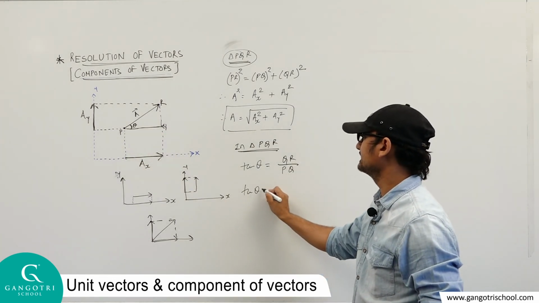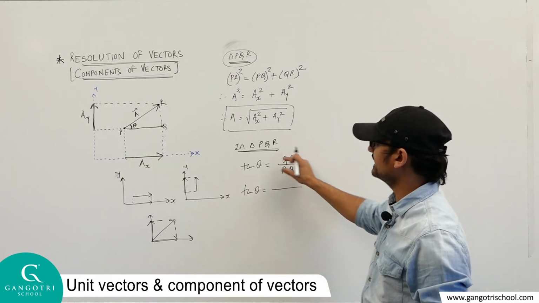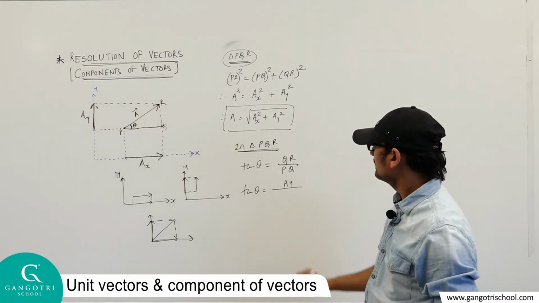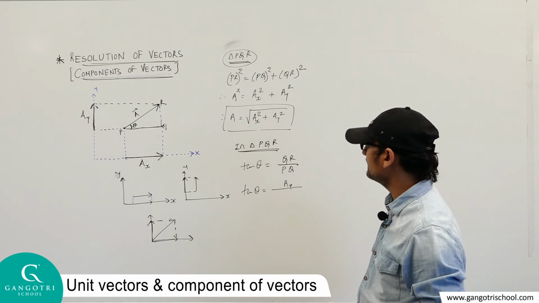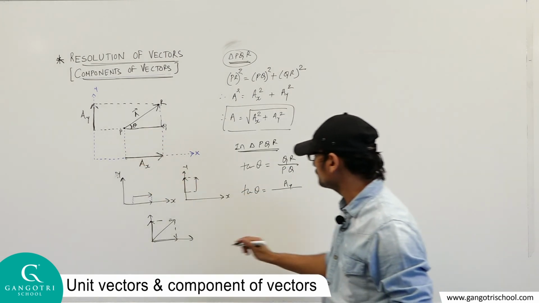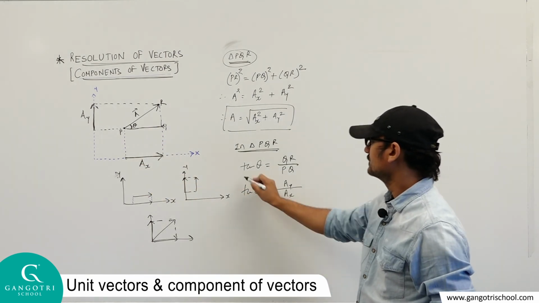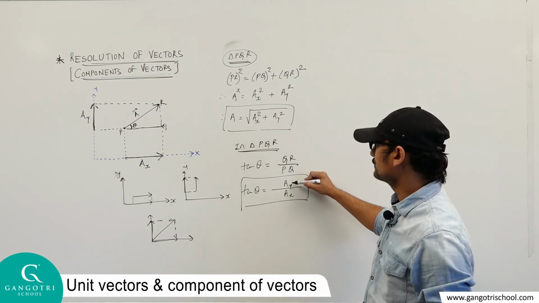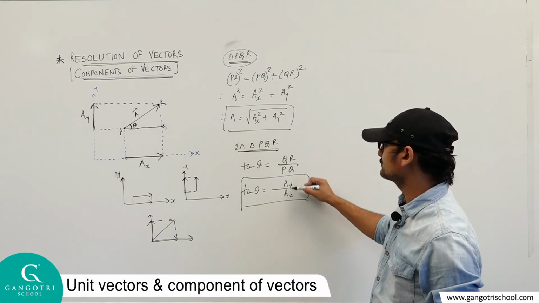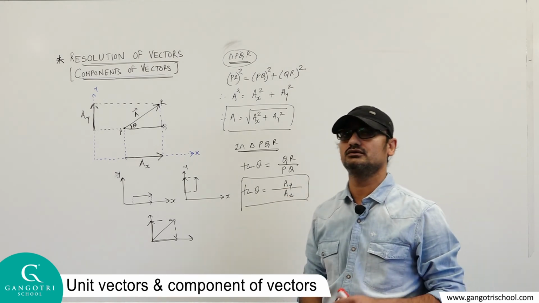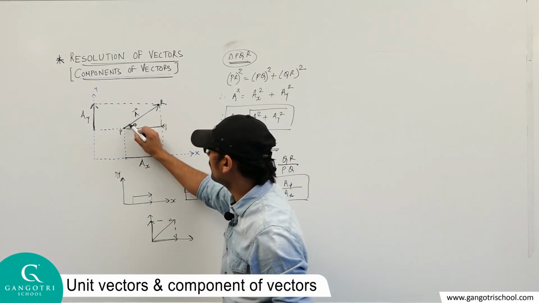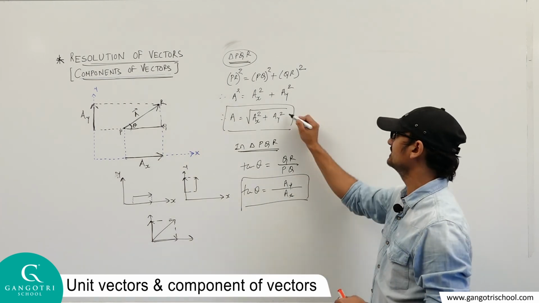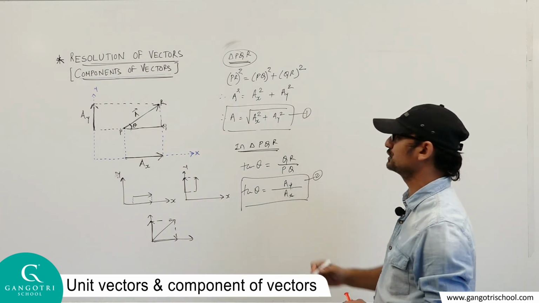So tan theta is equal to QR, which is equivalent to AY, upon PQ, which is equivalent to AX. Through that equation we can find theta also. If you know the values of AY and AX, then we can find theta. By this equation, how much angle the vector makes with the x-axis can be determined. Let's call this equation number 1, this equation number 2.